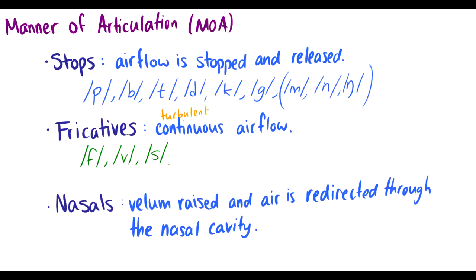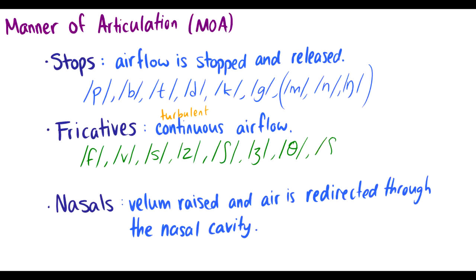Z, we have another sound z. This is a z for zoom. We have sh for shire. We have zh for measure. I'm trying to think of other ones. We have the lowercase theta, the th sound for thought or think.